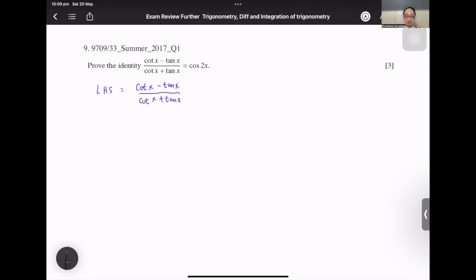What can we change? Cotangent, we can change it into cos x over sin x, minus tangent, which is sin x over cos x. And we do the same thing: cos x over sin x plus sin x over cos x. We make the denominator the same.